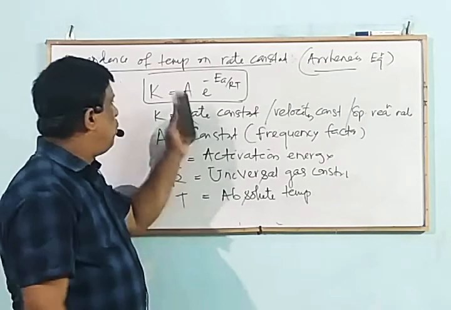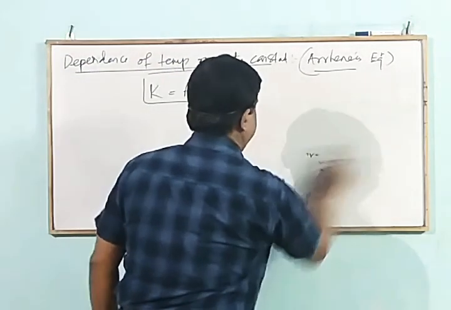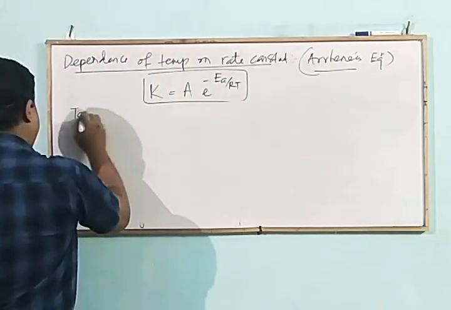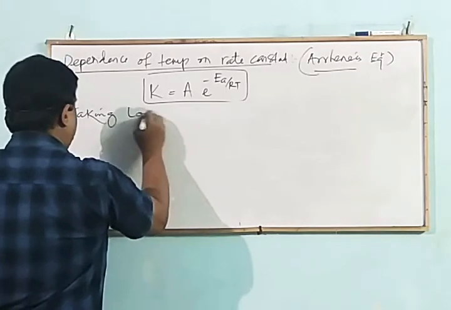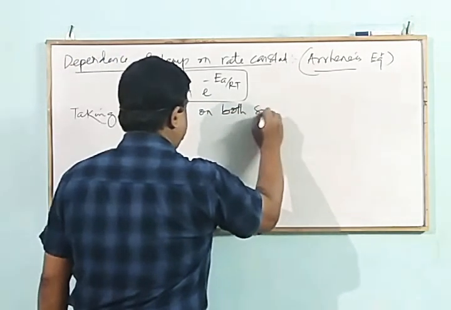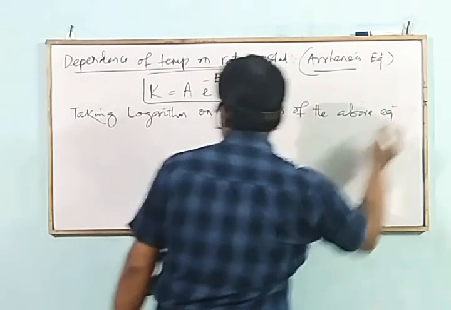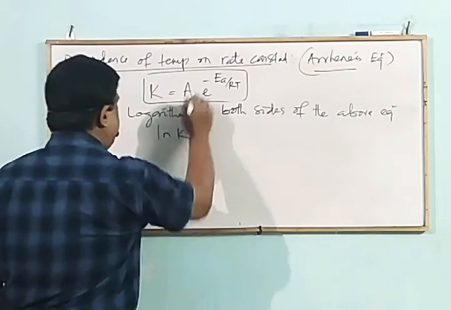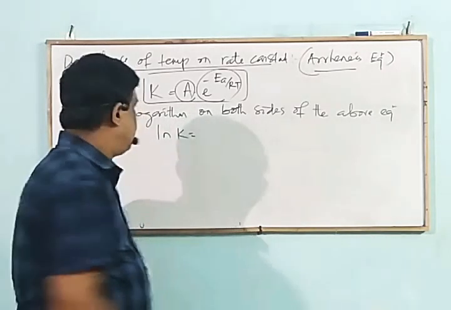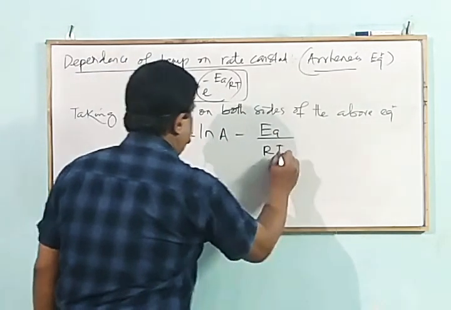Taking logarithm on both sides of the above equation, we have ln k is equal to, since log of a into b is equal to log a plus log b, ln A. As the exponential term is there, it cancels out, leaving minus Ea by RT.